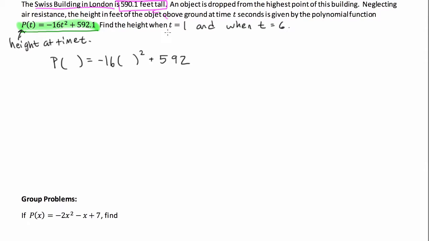And now the first time I'm looking at is when t equals 1. So when t equals 1, this is going to output for me the height. So p of 1 equals negative 16 times 1 squared, which is just 1, plus 592. Now I add those together, and I end up with p of 1 equals 576.